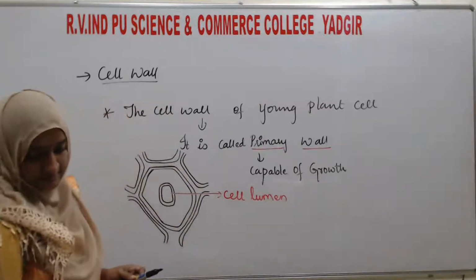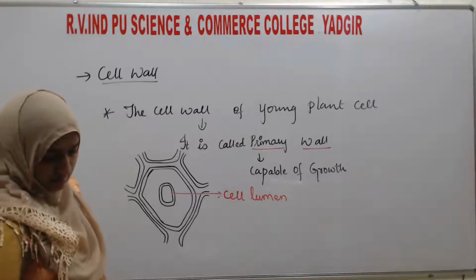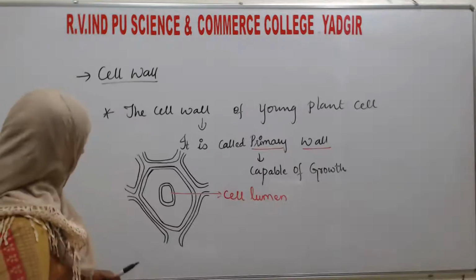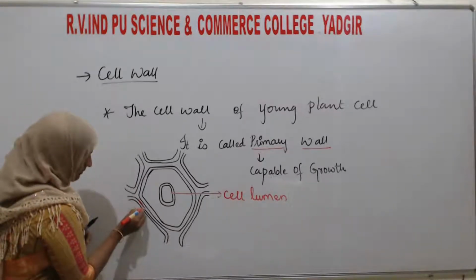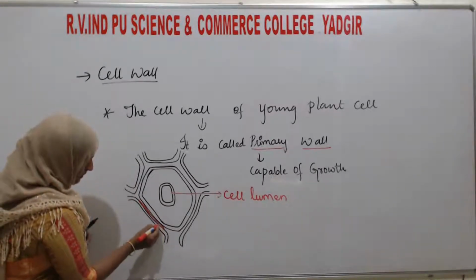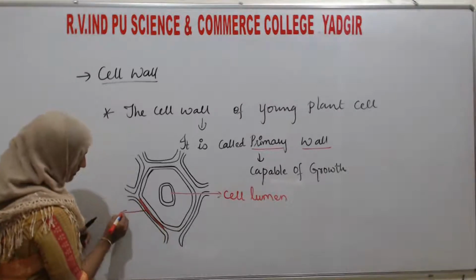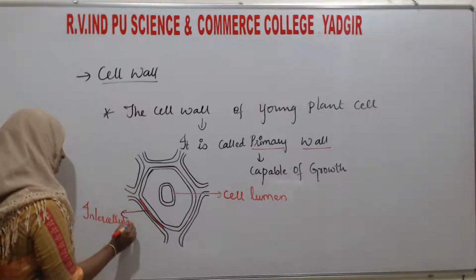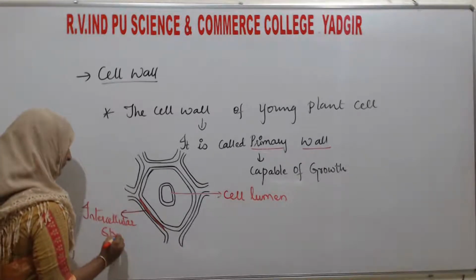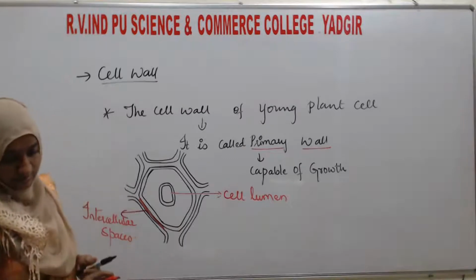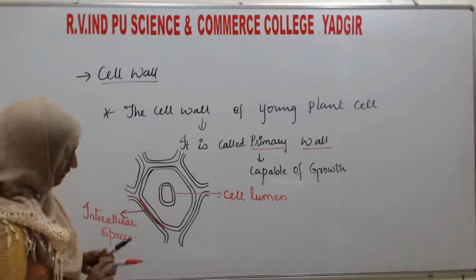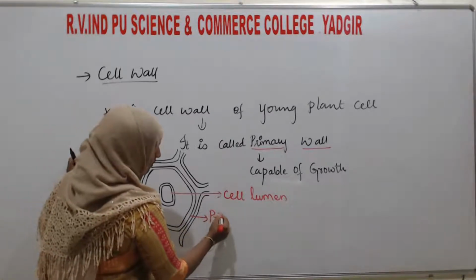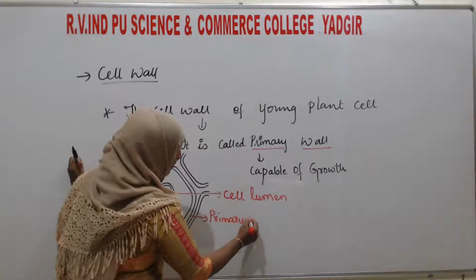Okay, the next here, this is the intercellular spaces. Except this one, here there is a presence of a wall that is known as the primary wall.